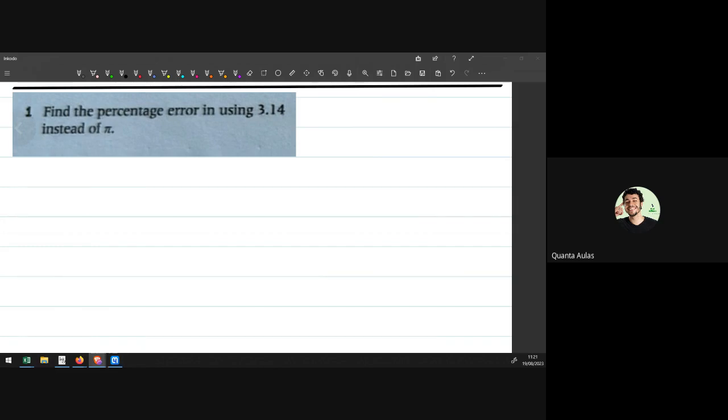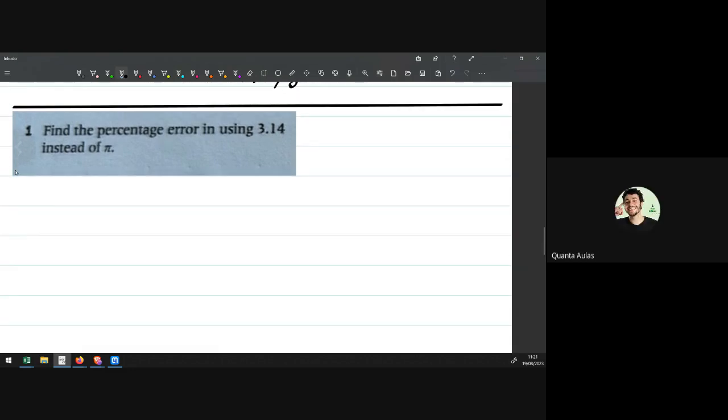Find the percentage error. Do you know how to do this? We have an equation: you divide the error by the exact value times 100. Yeah, something like that. Percentage error.